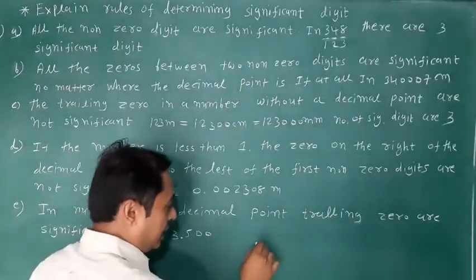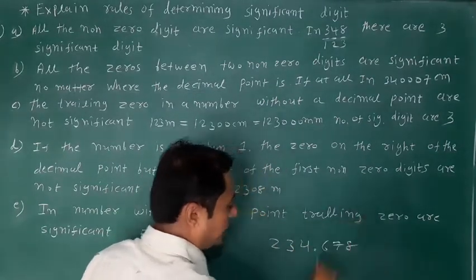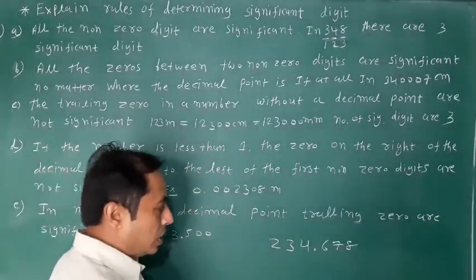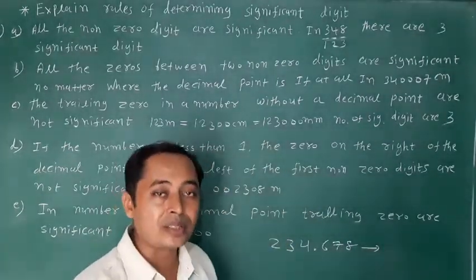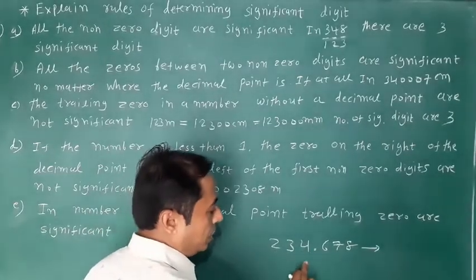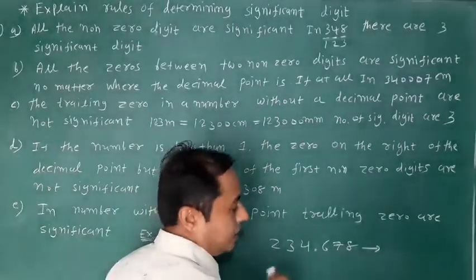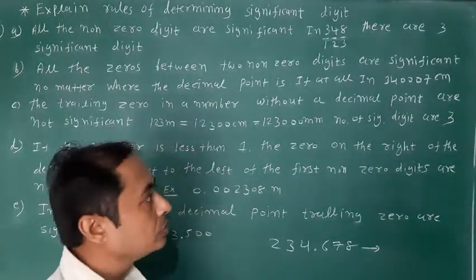Suppose I give you another example, 3.678. In this case we have four significant digits. All numbers are non-zero. Okay.